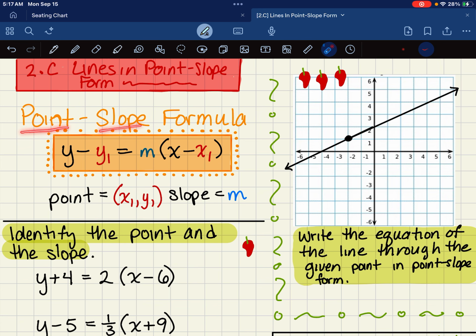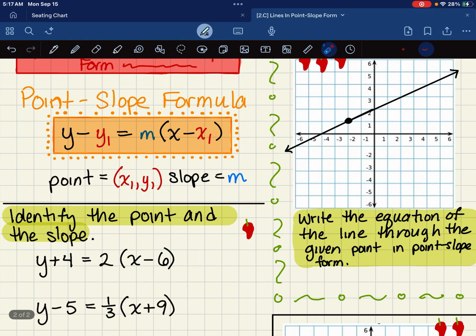The point slope formula has the most creative name ever because it uses a point and a slope, and those appear in the line. If you look at the formula and what it gives you, that's the name of it right away. It's kind of neat.